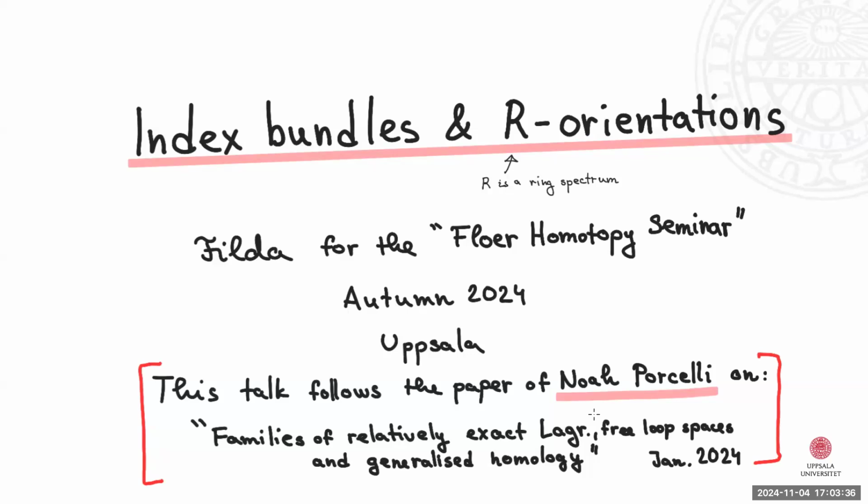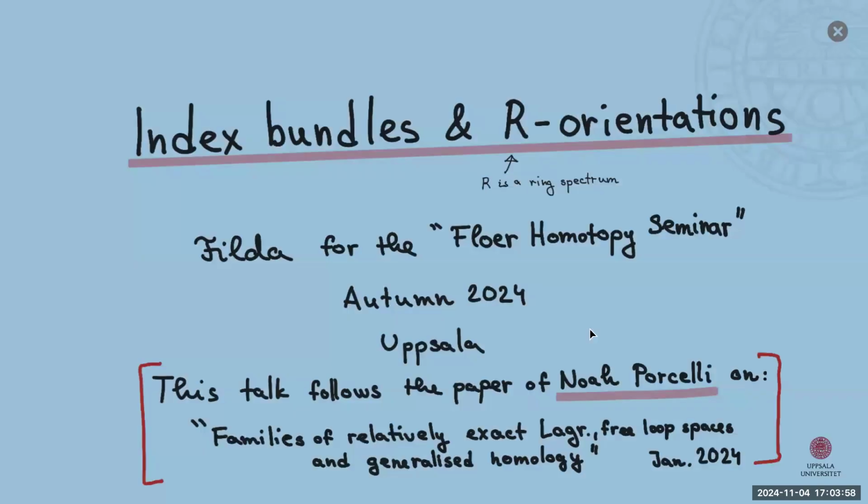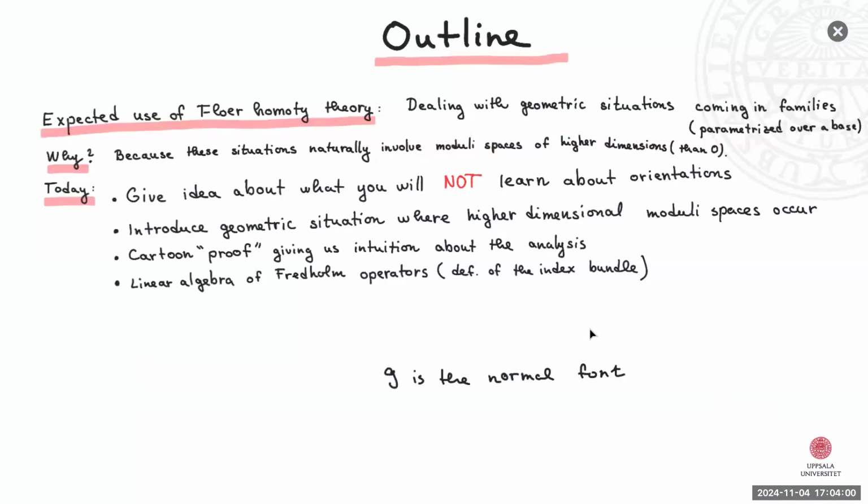What my talk is not going to be about is framed bordism, because it's somehow going to be implicitly there, but I'm not going to really cover that one simply because I was not really asked to. And yeah, I've learned this yesterday, that there is a frame bordism in my title of the talk. Anyways, let's start.